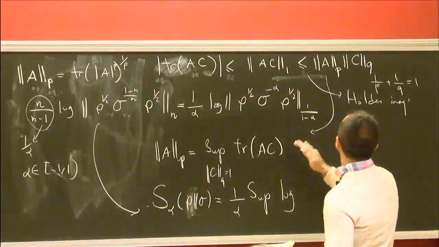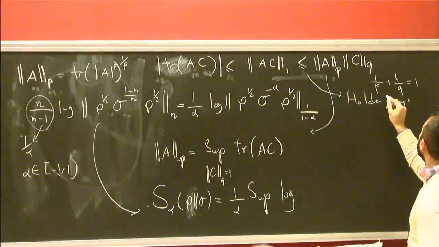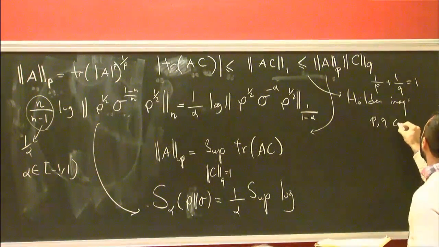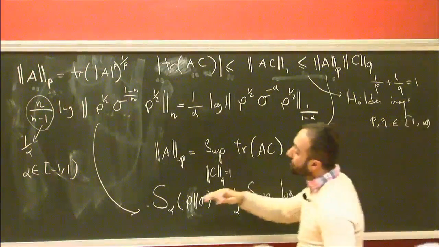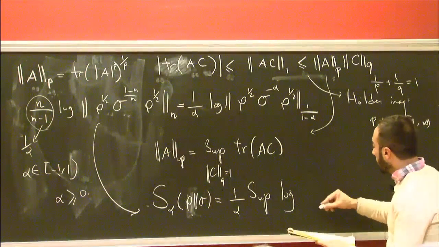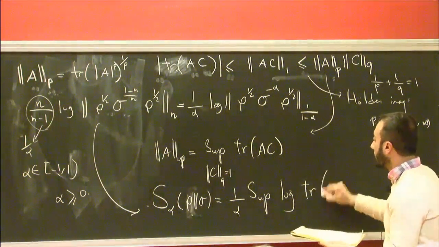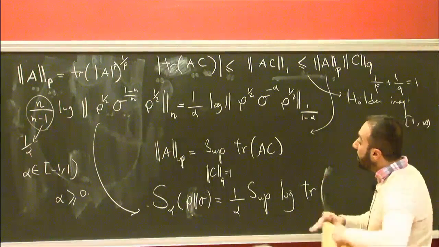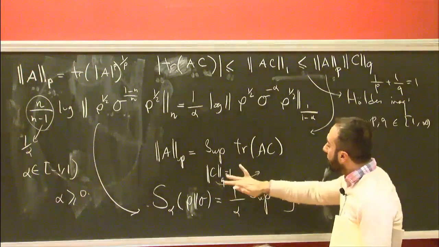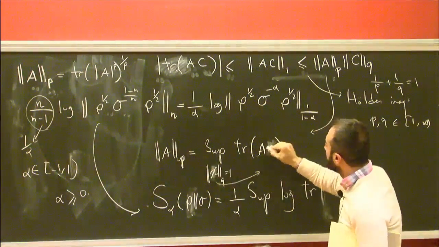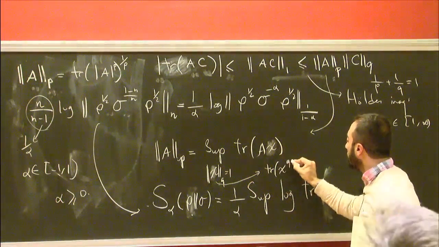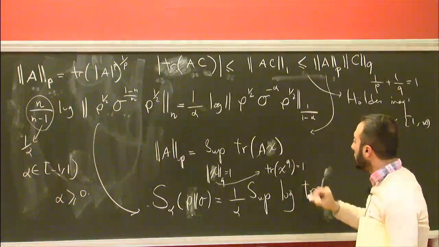Actually, I should mention this. For this story to hold, it's important that P and Q are in 1 to infinity, for which I have to restrict myself to the case alpha is larger or equal than 0. Now, what is this condition? Let's call this chi instead of c. This is the fact that trace of chi to the power of q is equal to 1.